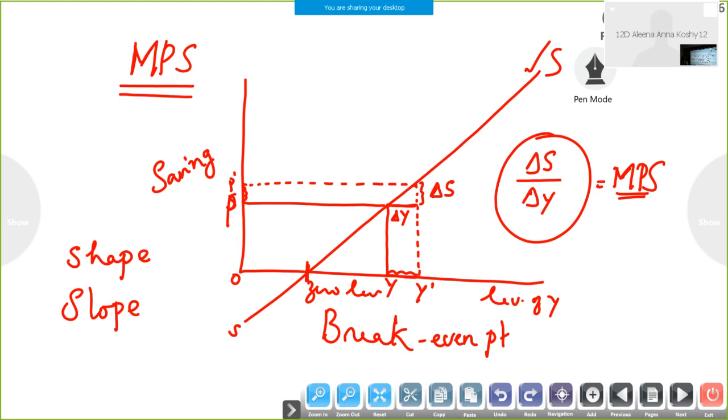Till here okay? So this shaded part shows the slope of the saving curve. Slope of the saving curve, that is MPS. So those two topics are over.